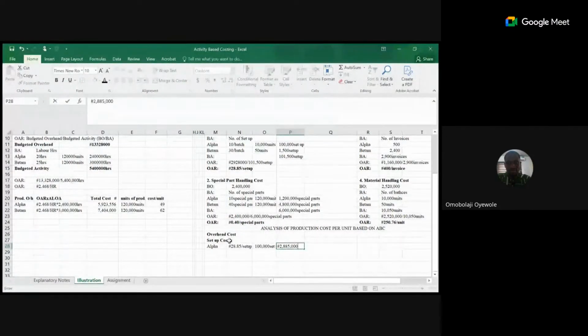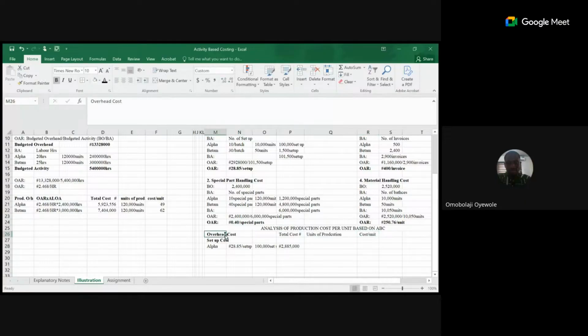So this will be total cost in naira, and this will be units of production, and this will be cost per unit.